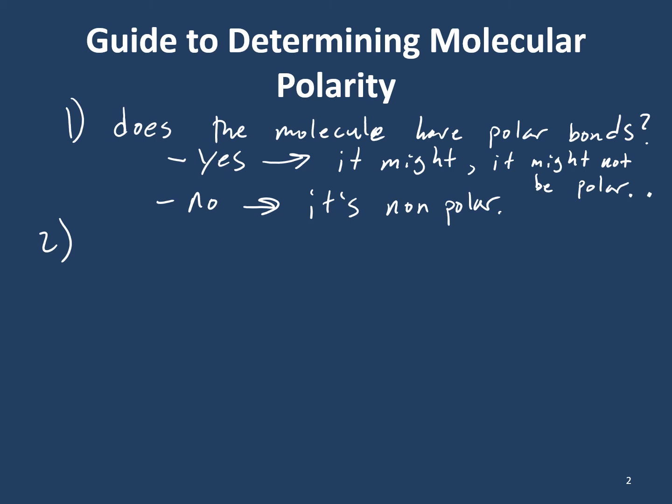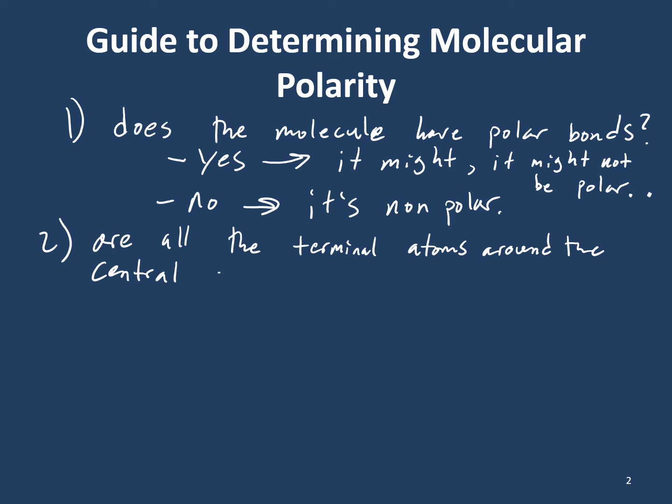The second question you should ask is, are all the terminal atoms around the central atom the same? I guess the same element is what we really care about here.